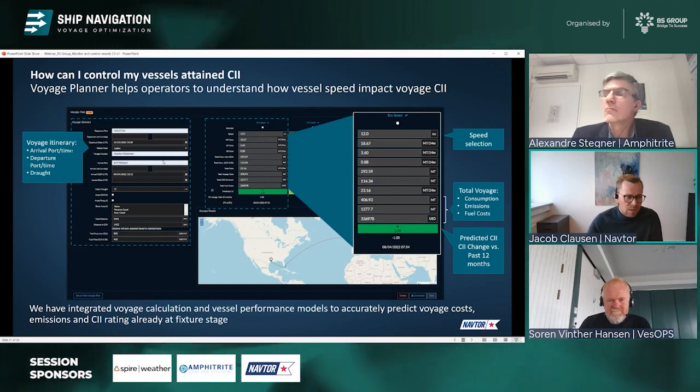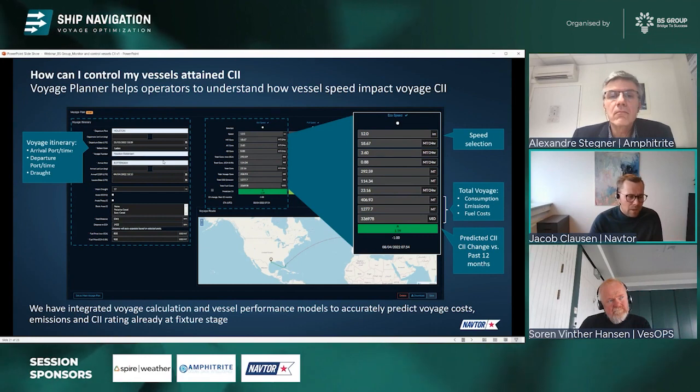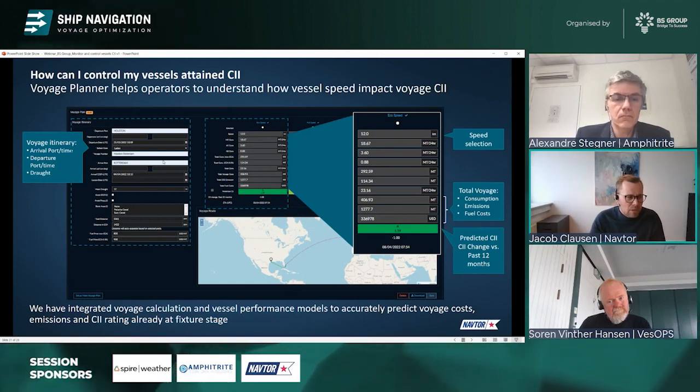From an operator's perspective, you can plan out a route and get the voyage cost and the CII. If you know anything about expected idling time, you can also get the CII for the whole voyage end to end, which is one of the latest elements that we have included here.